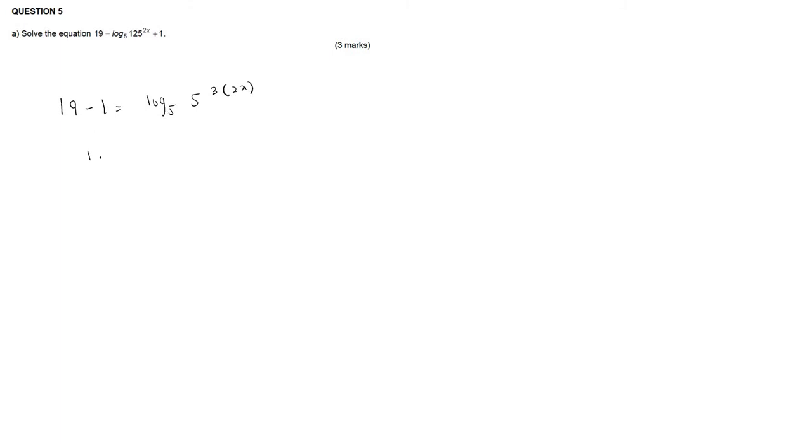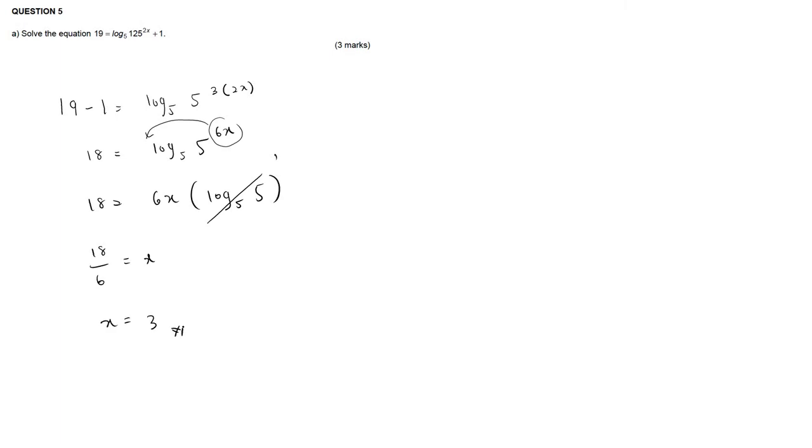So 90 minus 1 is 18. Log 5, 5 power 3 multiplied to x, 6x. We can bring the power to the front. 6x log this 5, 5. Log this 5, 5 is equal to 1. So 18 over 6 equal to x. Final answer, x equal 3.